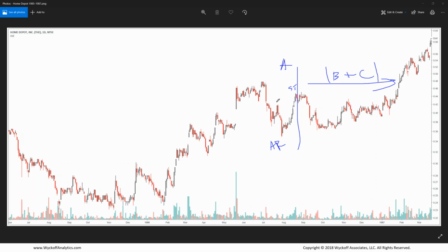But what comes before? When we put, let's say, a buying climax right here at this point, we're basically neglecting the fact that the buying climax characteristics happened before that.